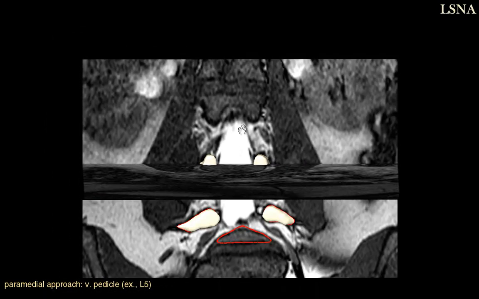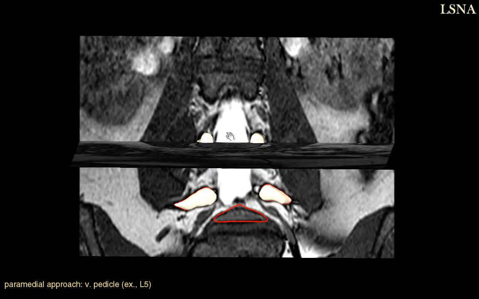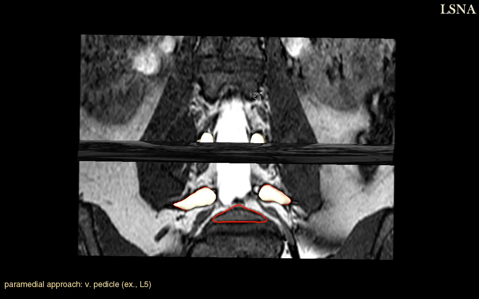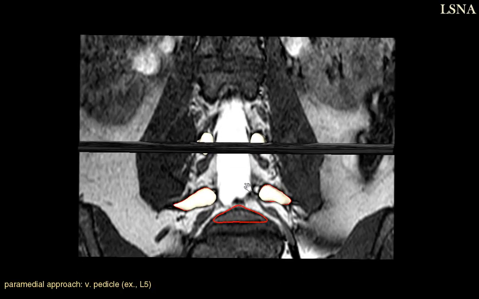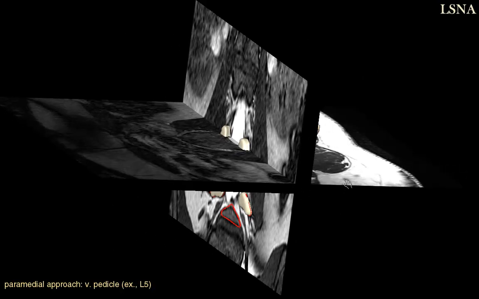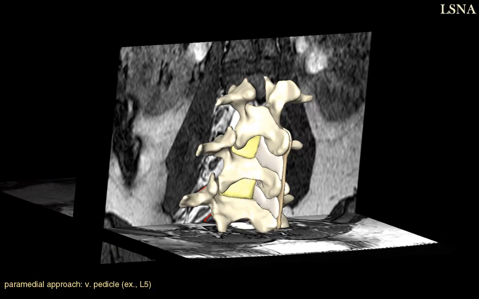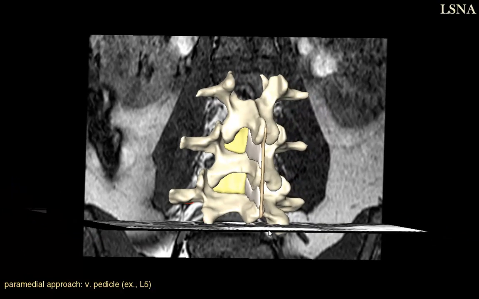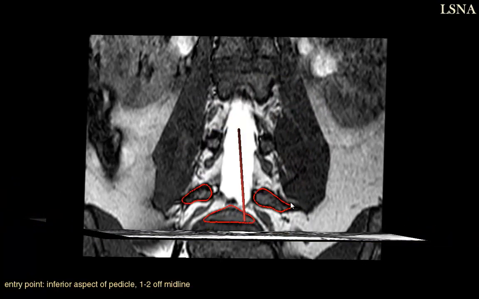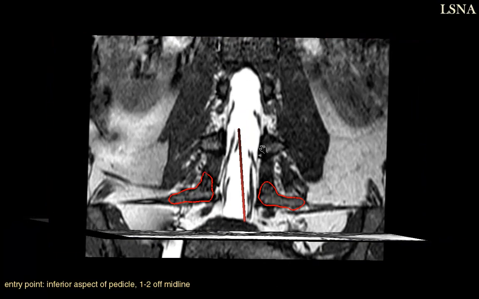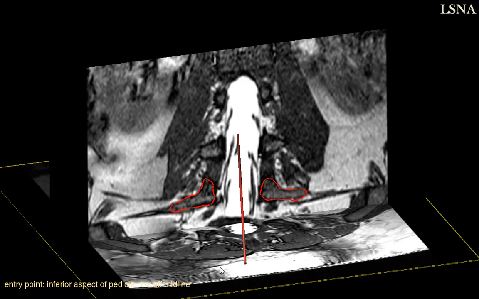Currently, a technique that involves using a paramedian approach is preferred. In a first step, the vertebral pedicle is identified on an anteroposterior projection, for example, the pedicle of L5. Then the skin is marked at the inferior aspect of this pedicle at about 1 to 2 centimeters from the midline.